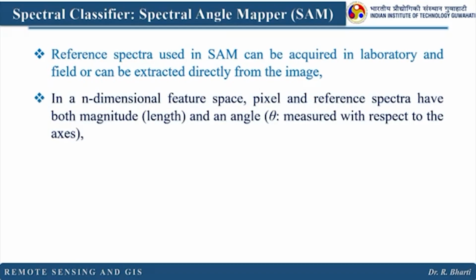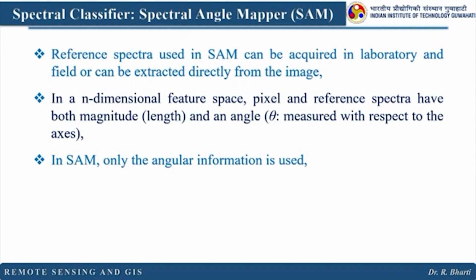So, in an n-dimensional feature space, pixel and reference spectra both have magnitude and an angle, that is theta, and in SAM only the angular information is used. Remember, here we are not bothered about their values, whether they are more or less.